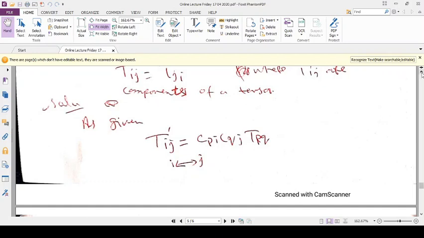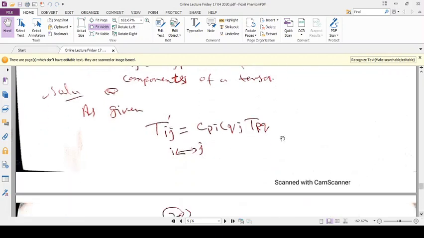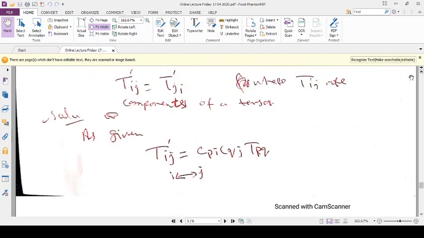So what do we have to show? We have to show that T dash ij equals T dash ji. Now, on the left hand side we have written T dash ij equals Cpi Cqj Tpq. So we have to proceed in such a way that we can have this type of equation at the end.